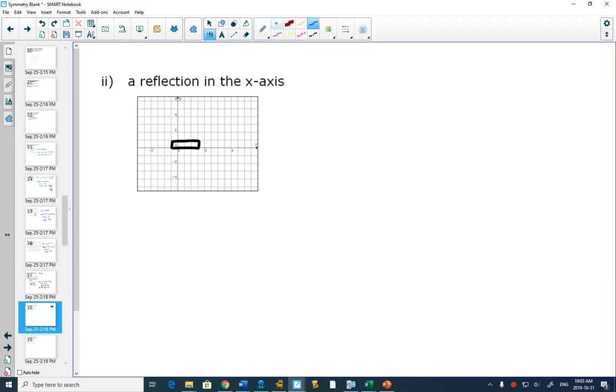And if you reflected that in the x-axis, you would get this rectangle. As a result, it has line symmetry. How many? Two. Vertical and horizontal.